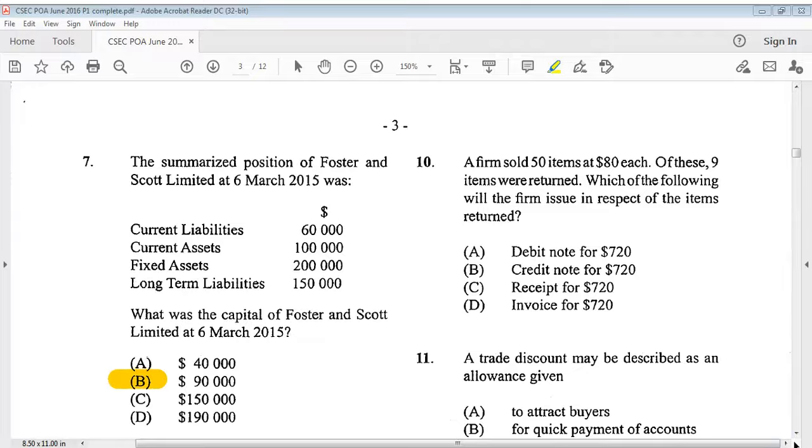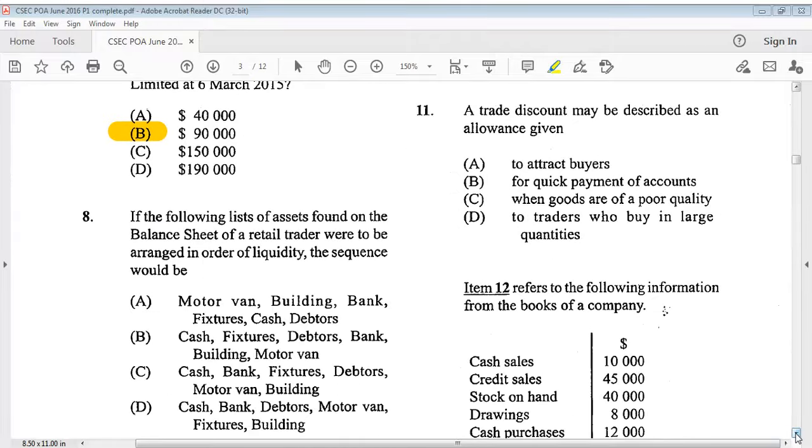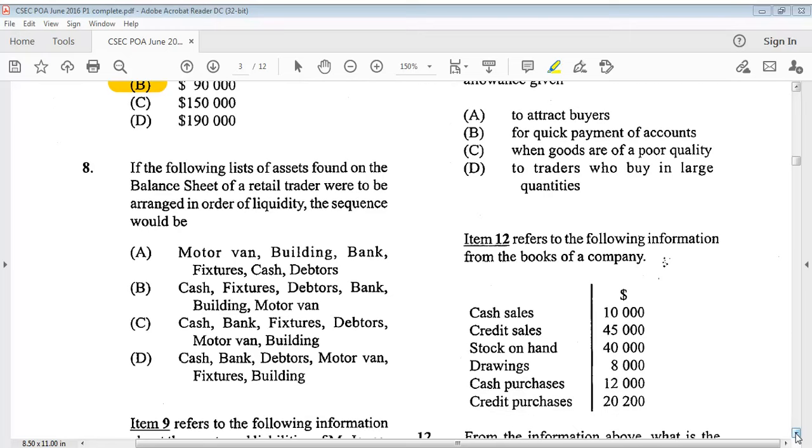Let's go to number 8. It says, if the following list of assets found on the balance sheet of a retail trader were to be arranged in order of liquidity, the sequence would be... So we know we're looking for our sequence.